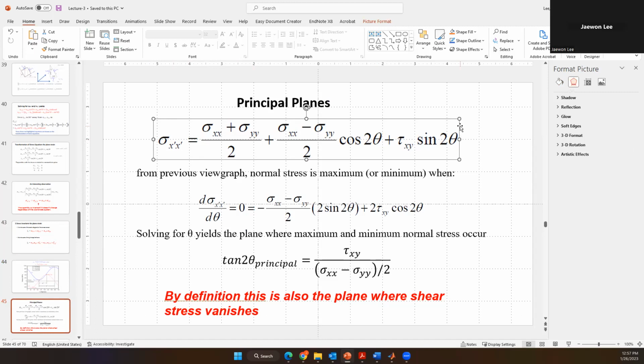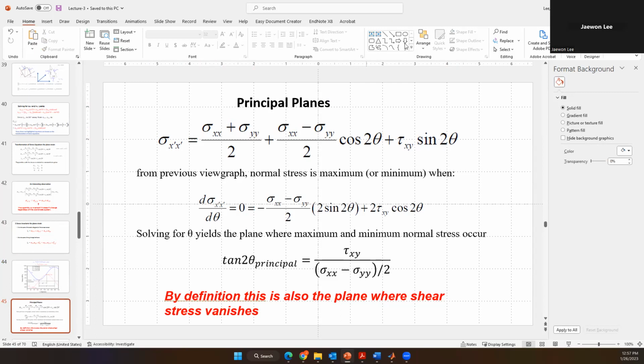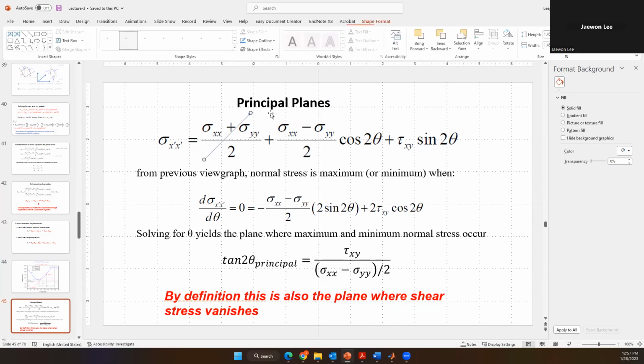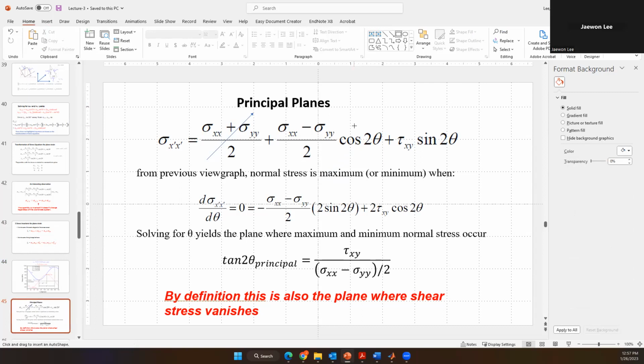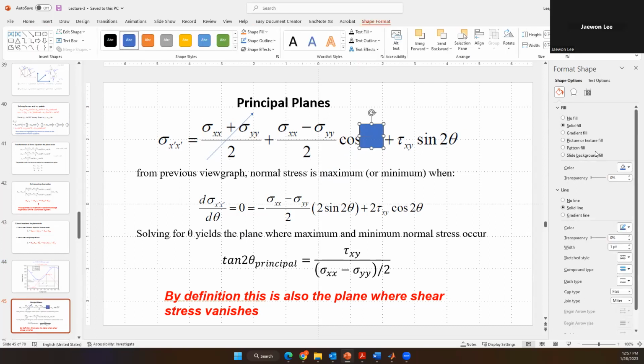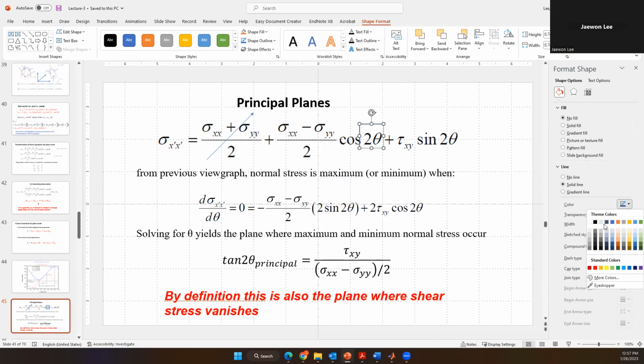Based on this equation, we can differentiate by theta. This component has no theta, and then cosine 2 theta changes to minus 2 sine 2 theta.